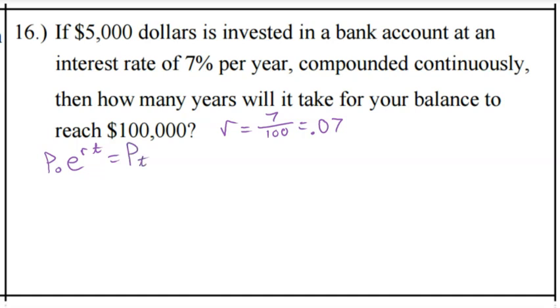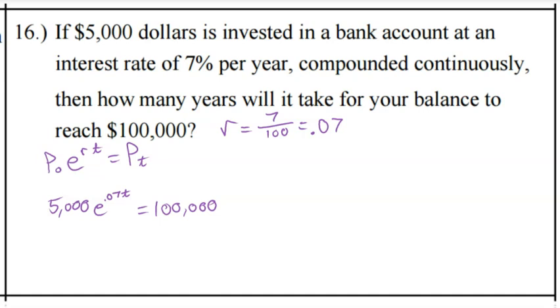And P of t, that's the ending value. That's 100,000. Starting value, P0, is 5,000. So we're going to have 5,000 e to the power of 0.07t, because we're solving for t, is equal to the ending value, which is 100,000.